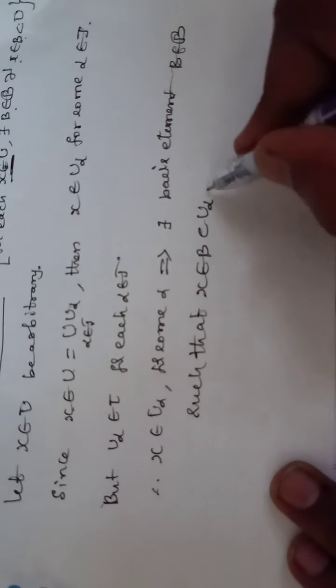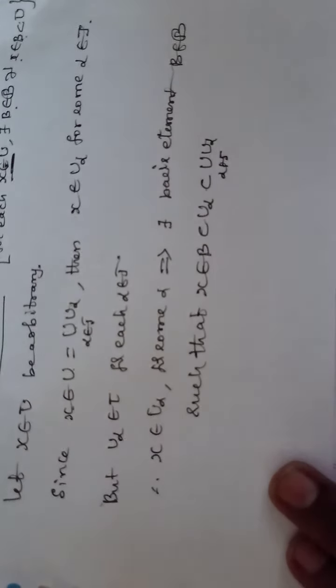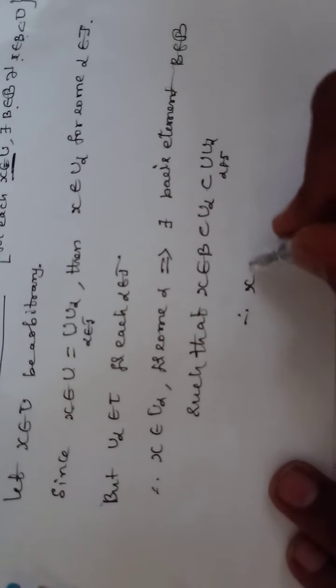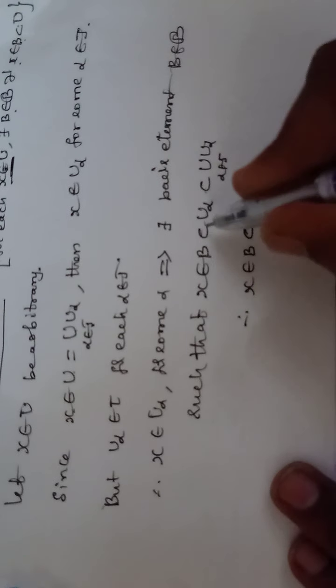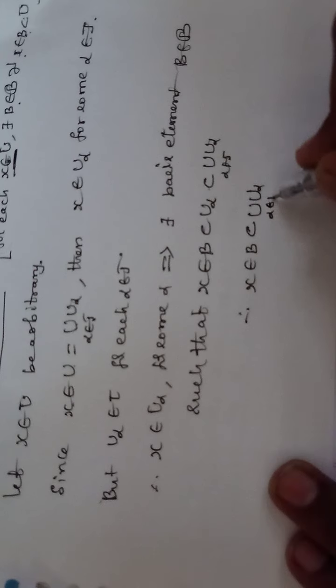But observe here, u alpha is contained in the union of u alpha. Therefore x belongs to b, which is contained in the union of u alpha, which belongs to J.